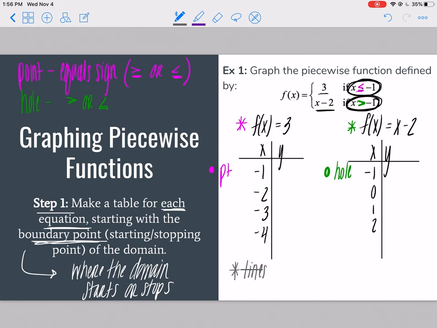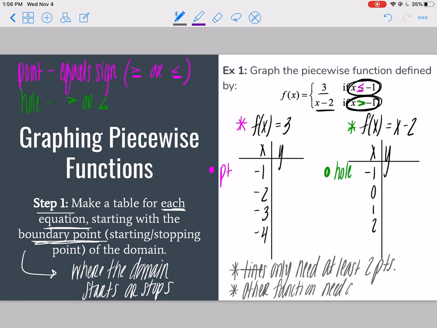Lines only need at least 2 points. I would always graph just like 3 or 4 to be safe, but if it's a quadratic, if it's anything like a curved function, curved functions or other functions need at least 3 points to be able to see the shape, okay? The more points that you have, honestly, the better off you are, so that's why I added multiple points here.